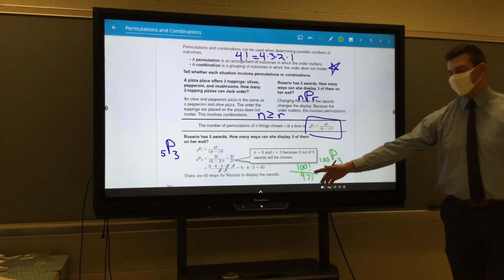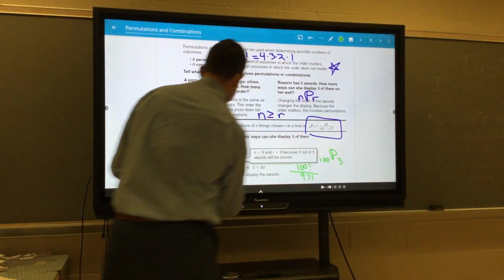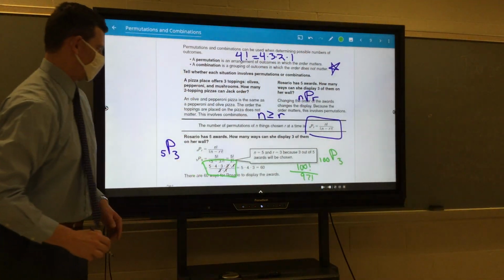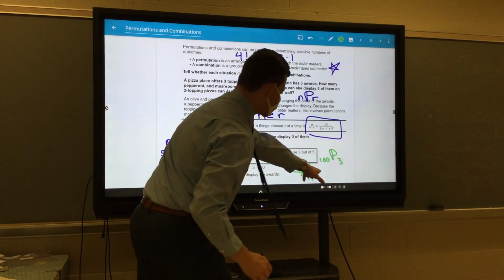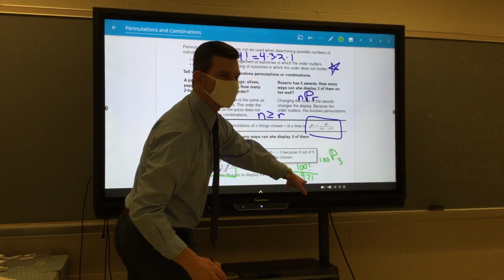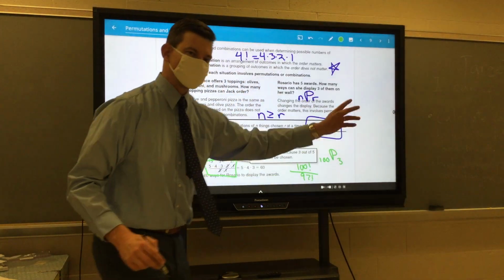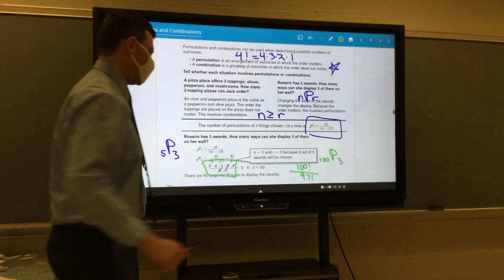Well, it actually could be done. Because think about this cancellation that we see right here. Once we get to 97 factorial, that's going to divide out with everything in the denominator. The 97s, the 96s, 95s, all the way down to 1.